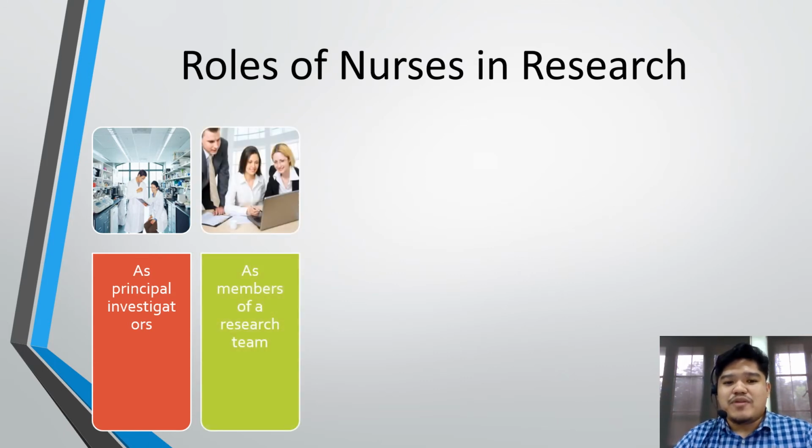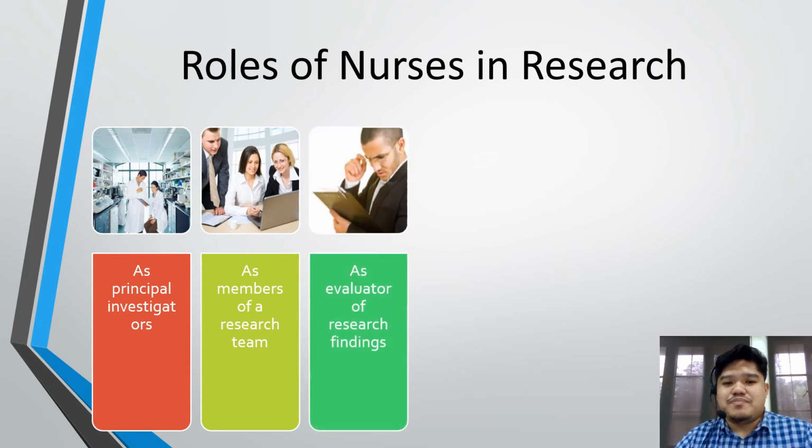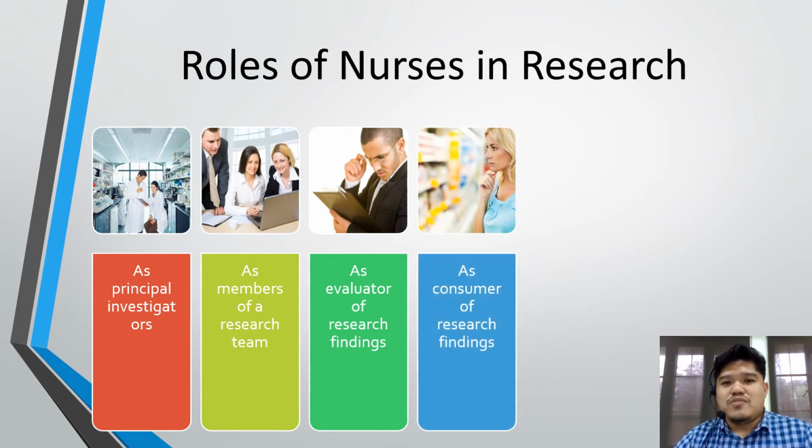So as a member of a research team, you're a co-author or a co-investigator of the research team. You may act also as an evaluator of the research findings. However, the difference with the initial two roles is that you do participate as an evaluator at the latter part of the research study.